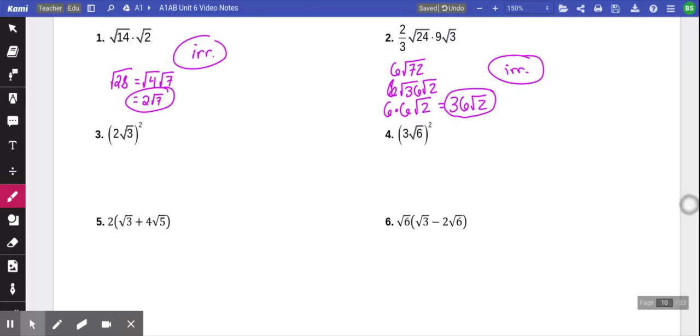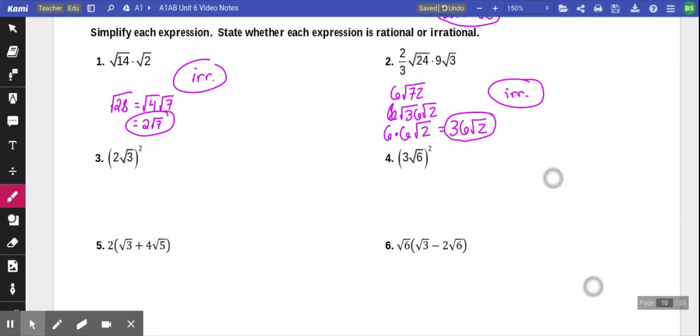Let's take a look at 4. Remember what a squared means, right? An exponent means here that you have 3 radical 6 multiplied by 3 radical 6. We could use an exponent rule, but it would be way easier for us to just rewrite it. So rewrite it knowing that this exponent here means both of these are being multiplied together.